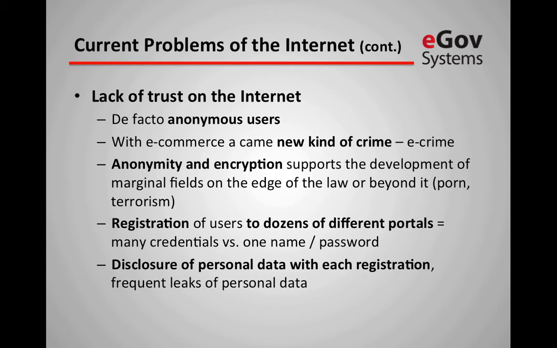They can act anonymously, and it's very hard to prove that a certain person had performed some actions. This led to the rise of a new kind of crime, cybercrime.